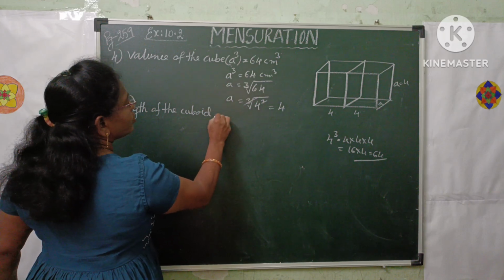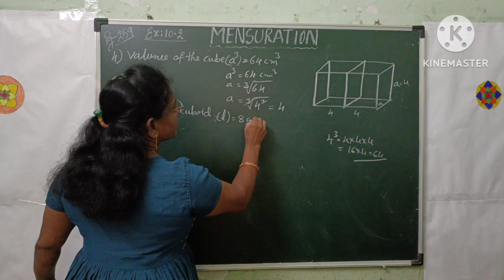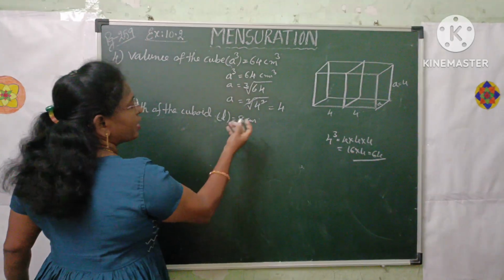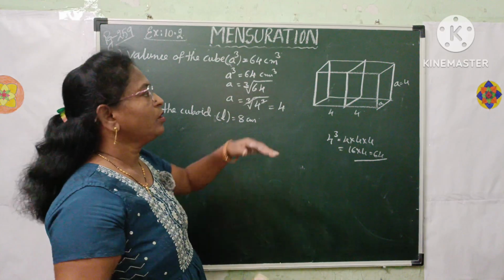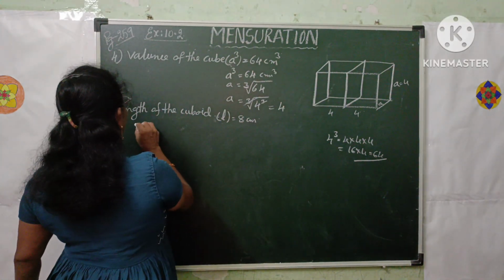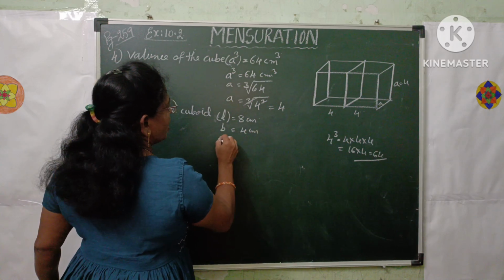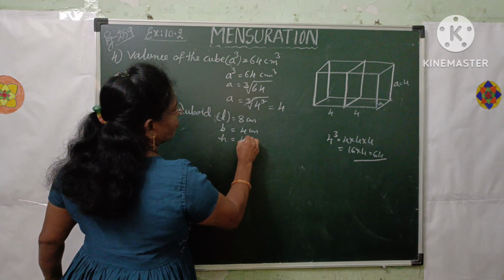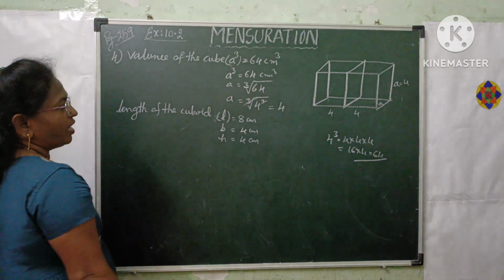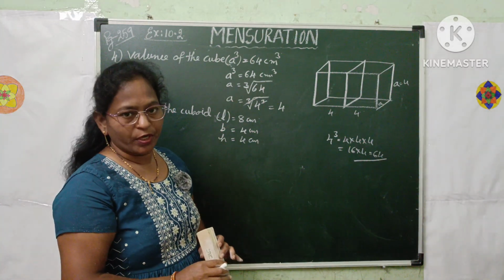Length of the cuboid L equal to 8 centimeters, and breadth of the cuboid equal to breadth of the cube. Okay, so B equal to 4 centimeter, and height also 4 centimeters. Okay, then what we have to find, the surface area we need to find.